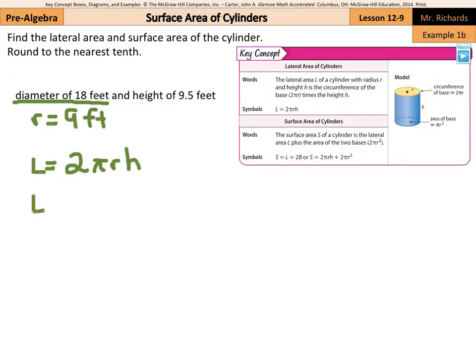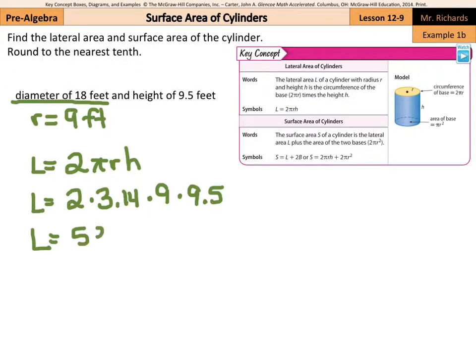And so lateral area equals 2 times 3.14 times my radius of 9, make sure you read carefully to not put the 18 in, times the 9.5 feet. The product of these four numbers is 536 and 94 hundredths.